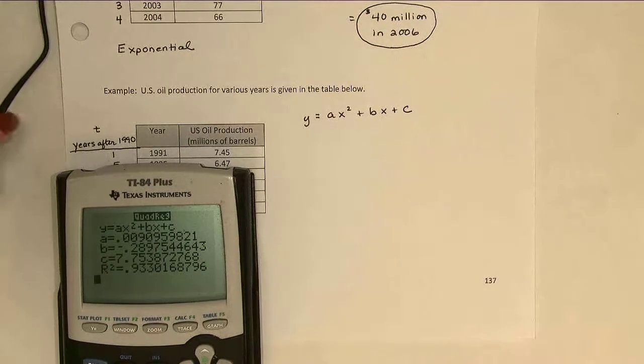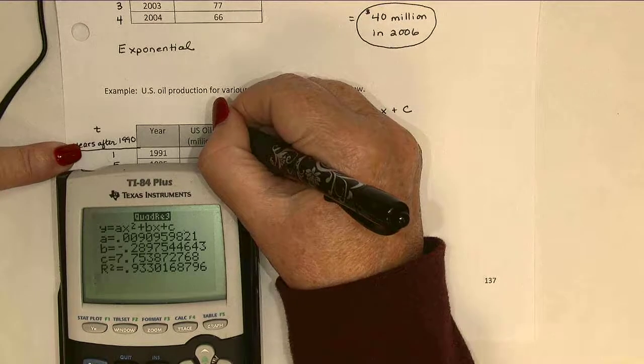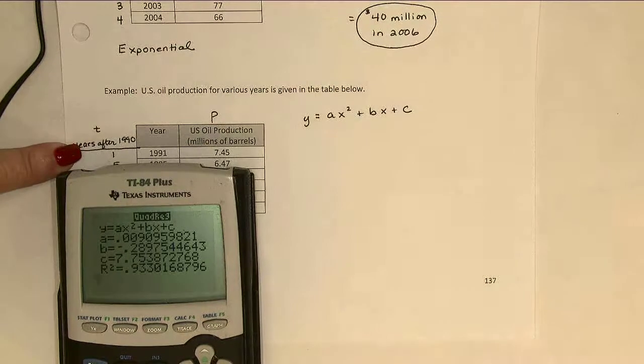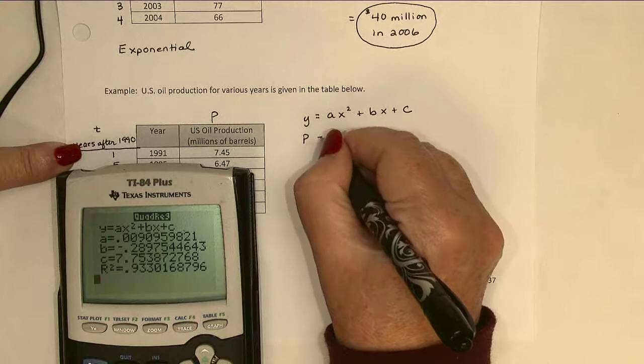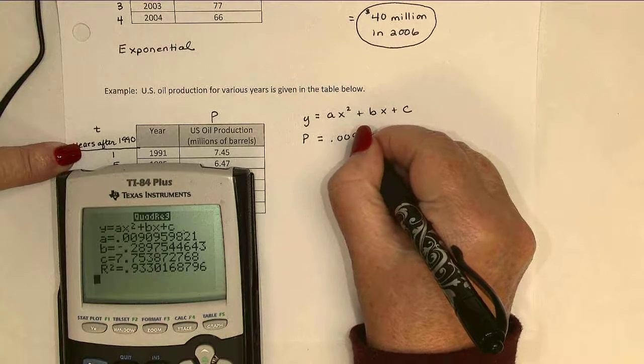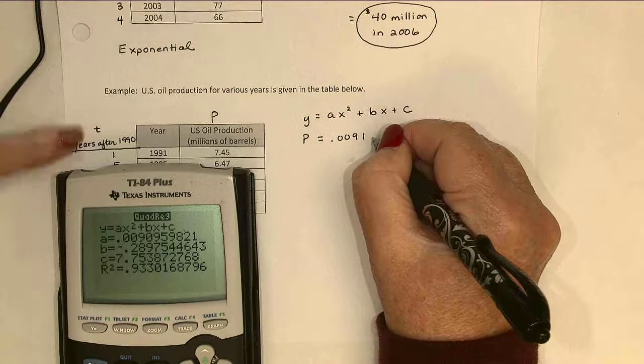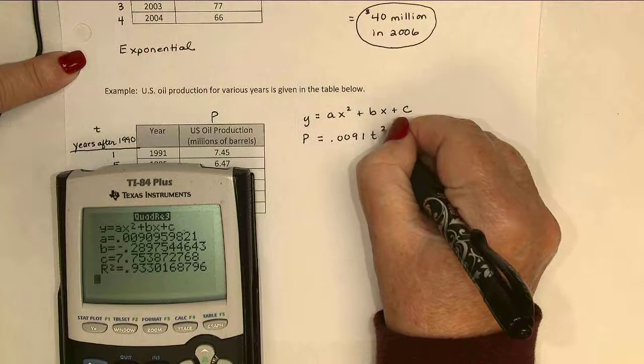Let's see, our Y value is really the oil production. I'm going to use P for production. The A is 0.00, I'm going to call that 91. And our X is actually T, the time, squared.